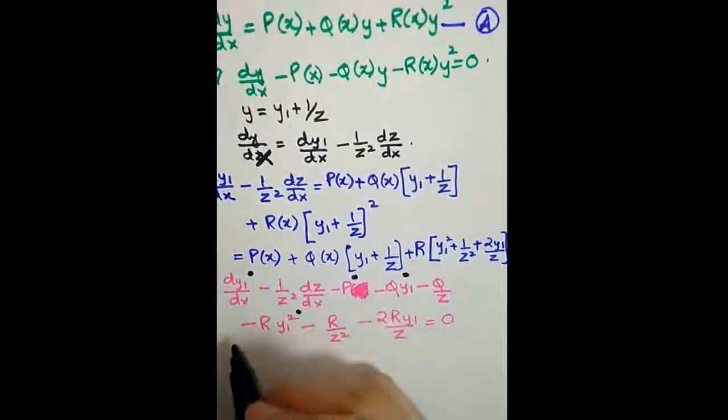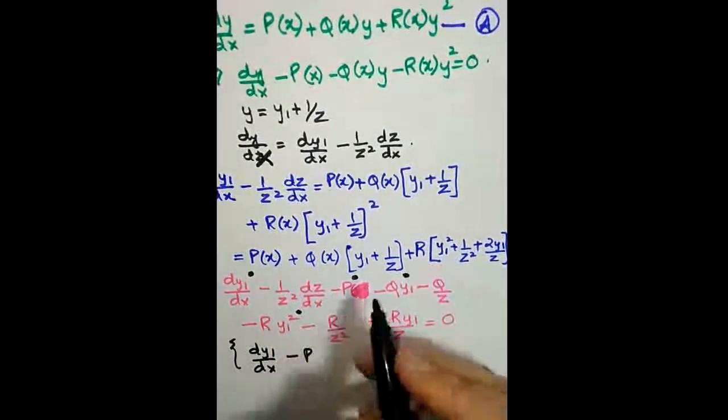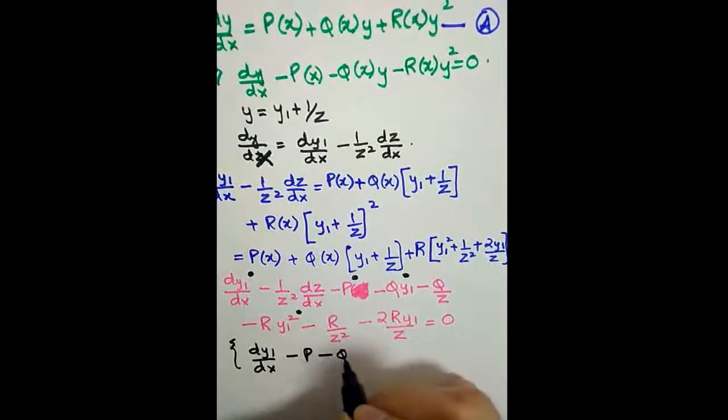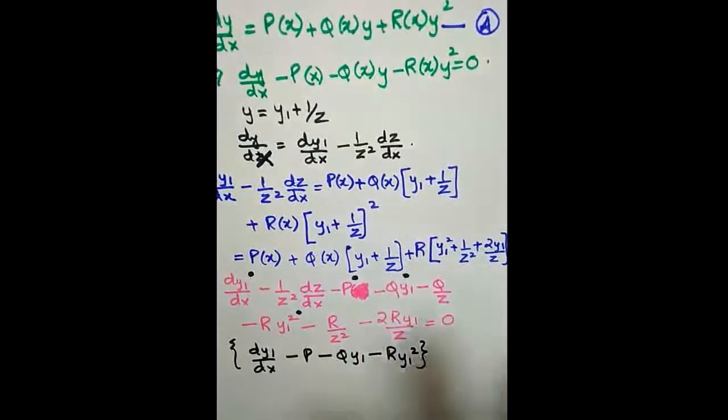If I write these terms in combined form, dy1 by dx minus p of x minus q of x into y1 minus r into y1 square, and then I will write the rest of the terms.